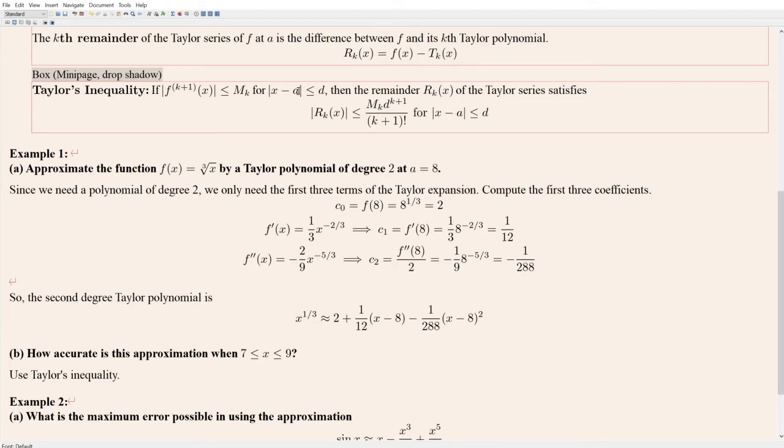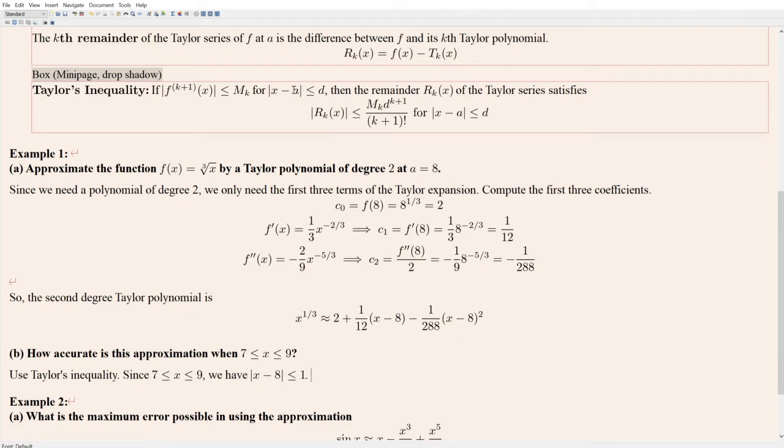Now, what is the range of x's? Well, x is between 7 and 9. That's the same as saying that the distance between x and the center point 8 is less than or equal to 1. Because remember, the absolute value of x minus 8 is the distance between x and 8, and since x is inside this range, the distance between x and 8 is never going to be any greater than 1.